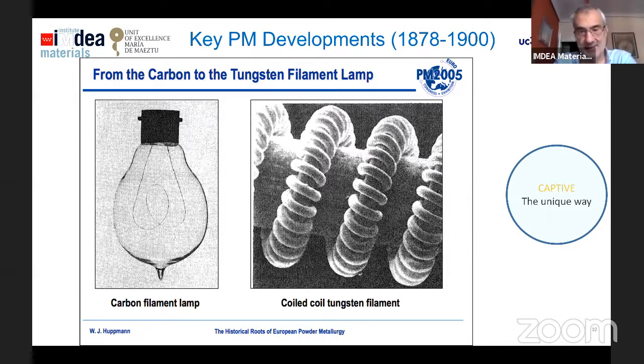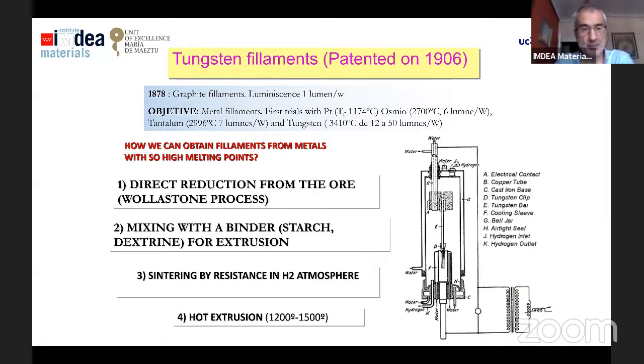And it's also an example of the unique way to produce that material in that period, because tungsten has a very high melting point, and in that period it was not possible to reach this level of temperatures. So the process to produce the tungsten filaments: they built bricks of tungsten oxide.